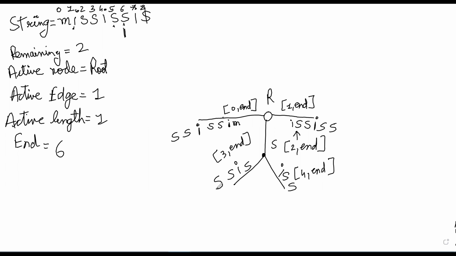Now we will see if there is any S right next to our pointer. As we can see from our tree, we have an S right next to our pointer. So we are just going to change our pointer from the previous S to the current S.